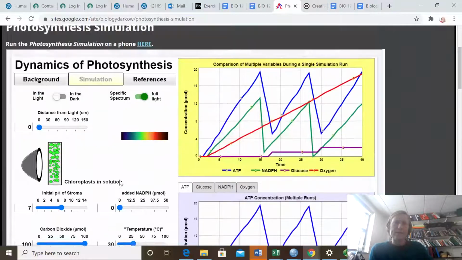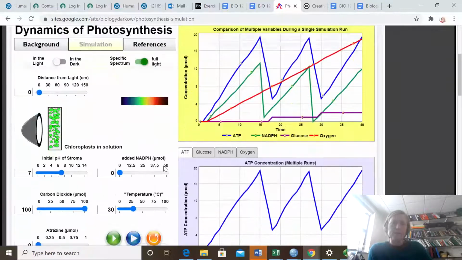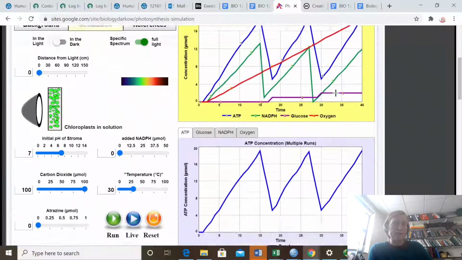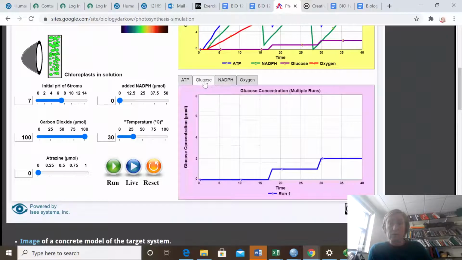Okay, what we're looking at here are a whole bunch of different products that are produced during photosynthesis. We've got an overview graph with all of the products together, and then you can click on each one of these. During photosynthesis, of course, we make glucose. Some glucose is made. That's our end product of photosynthesis.